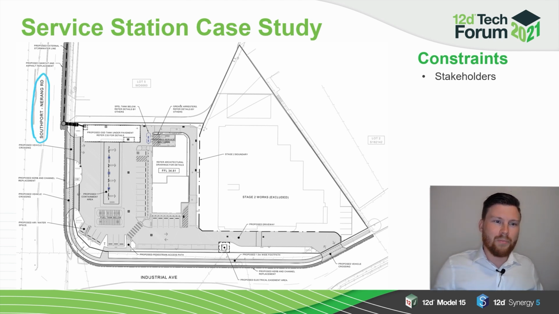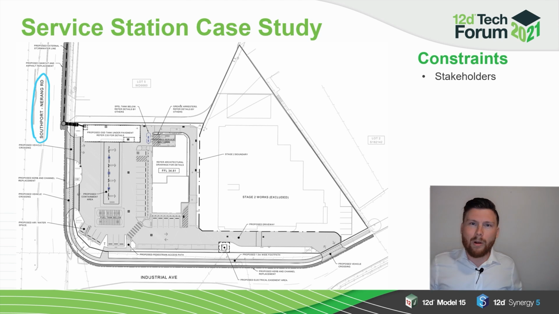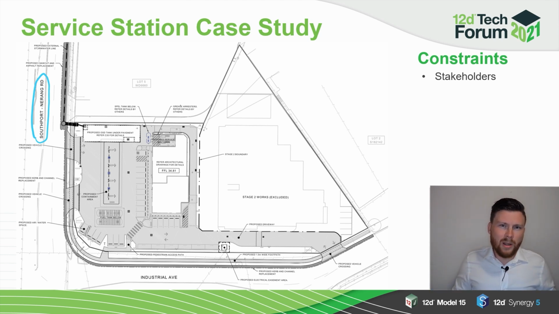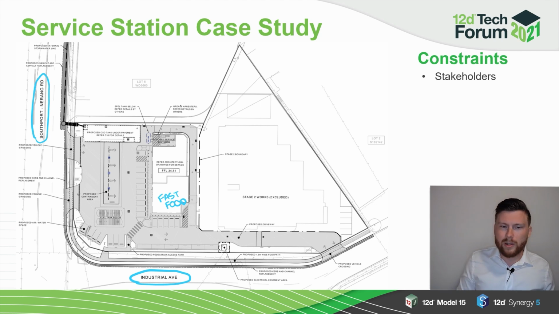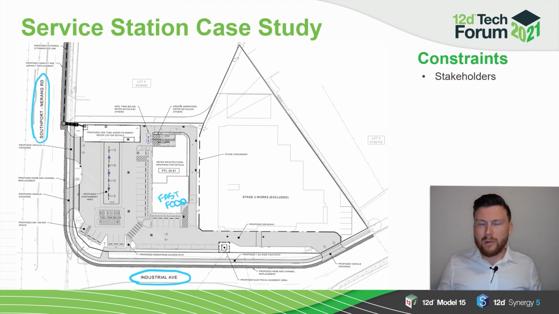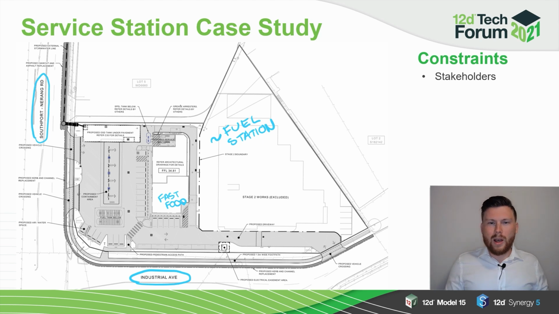We had on this side of the site, Southport Nerang Road, which is a state-controlled road, Transport and Main Roads in Queensland. We had Industrial Ave, which is a council-owned road. We had a fast food outlet, which was going to be in a portion of the building. And then obviously the whole site was a fuel station, so there was the fuel provider too.